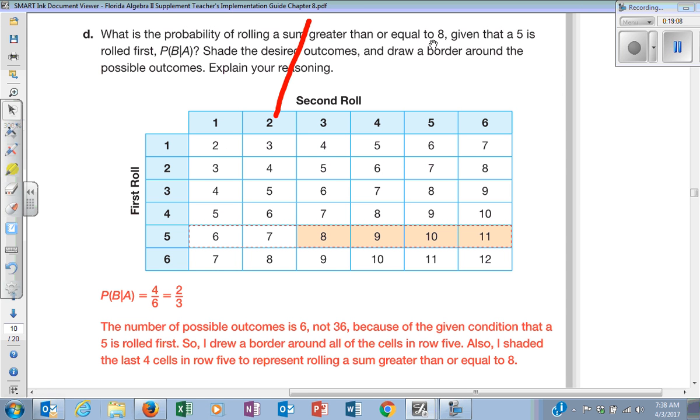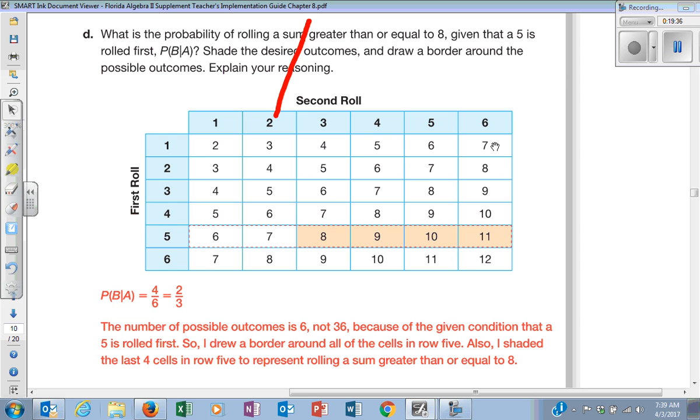Okay? Let's say this. What if I told you, you roll a 1? I'm giving you the first roll, you roll a 1. What are your chances of rolling a sum of 8 or higher? There's no chance. When you roll a 1, what's the highest you can get to?